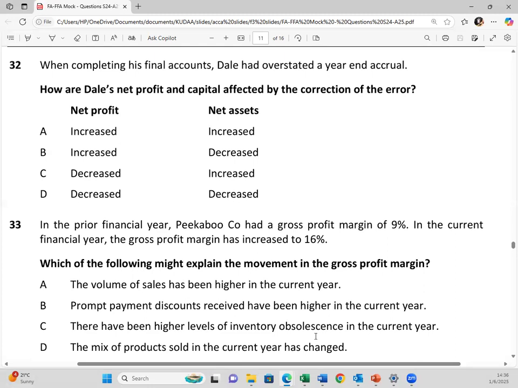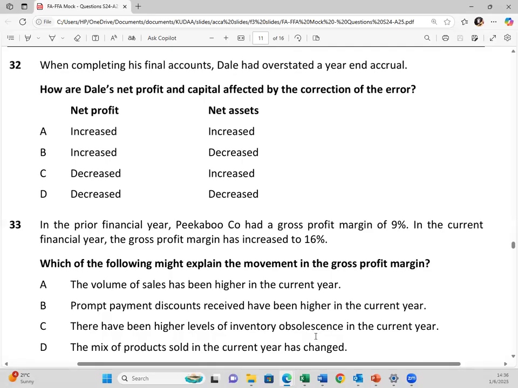The assumption here, if they just say accrual, is that it's an accrual for an expense. Of course, someone can argue, what if it is an accrual for an income? But if they don't mention it, we assume it's an expense.